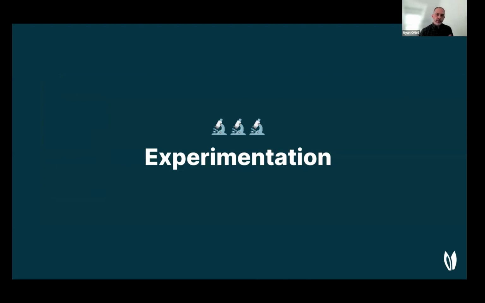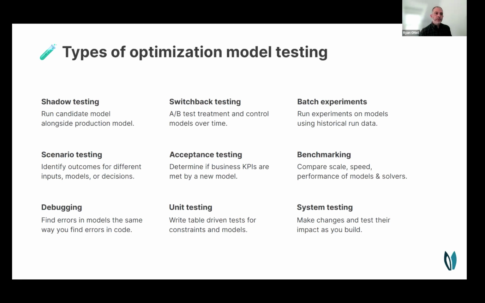And the third pillar is experimentation. If we don't have experimentation, obviously there's really no way for us to say, this model change, here's how it's going to behave. So we've been thinking a lot and working a lot on how to break down testing into different kinds of buckets.